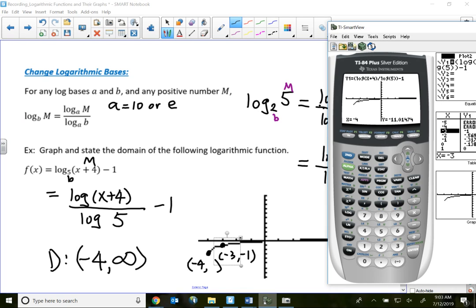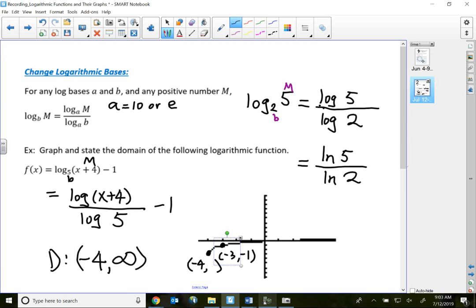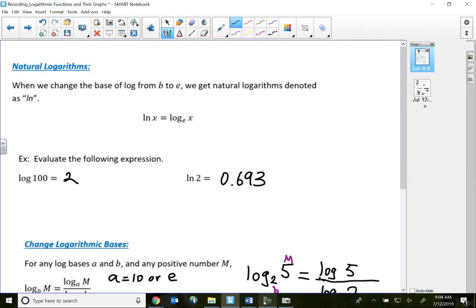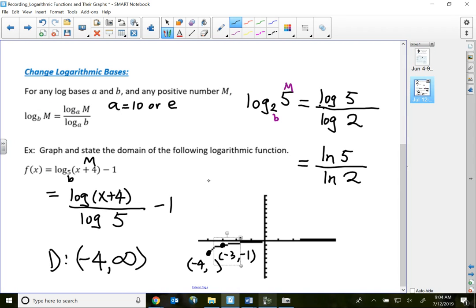Do you remember the vertical asymptote? Earlier we talked about the vertical asymptote at x equal to 0. That is for a graph that is log of x. Since I'm going through a transformation here, my vertical asymptote has been shifted right here.